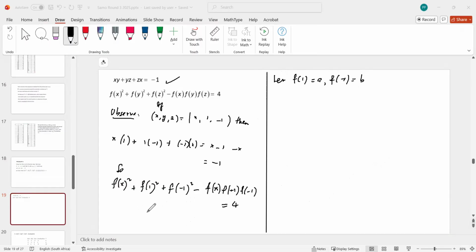Then it means that you got f of x squared plus a squared plus b squared minus ab times f of x equals 4 for all values of x. Now f of 1 is a fixed number, f of minus 1 is a fixed number.